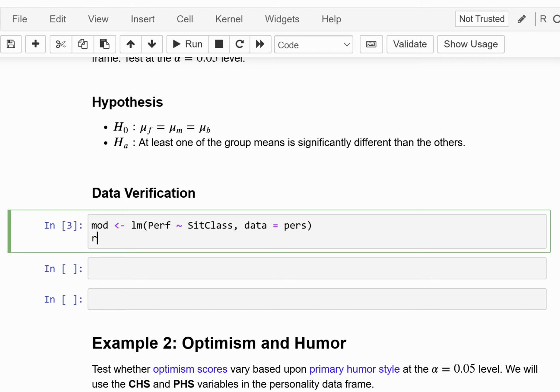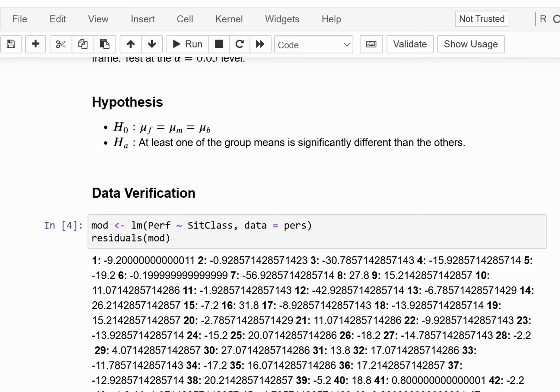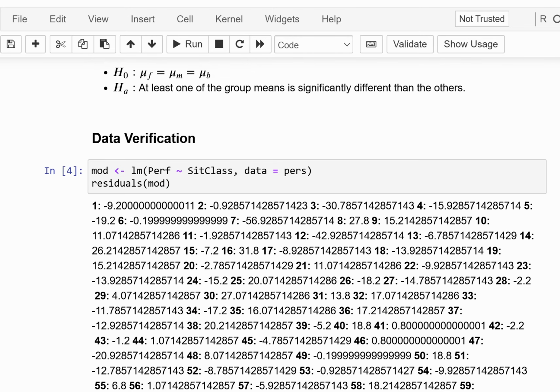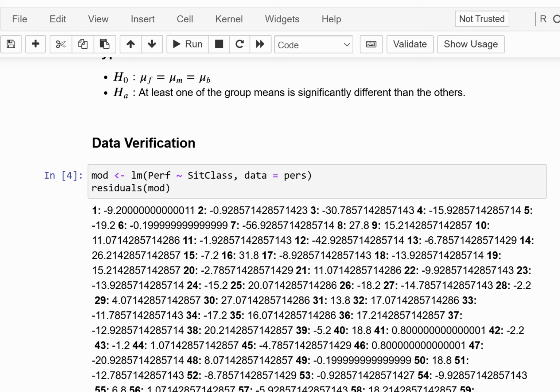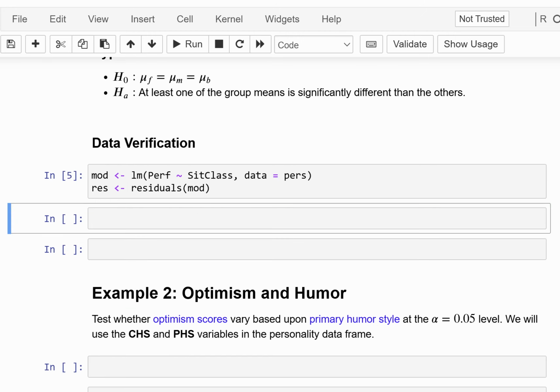And what do we want to do? We want to do residuals of the model. Okay, so you see, this is good. Let's call that res. Why? Because we're going to use the residuals to create a plot.